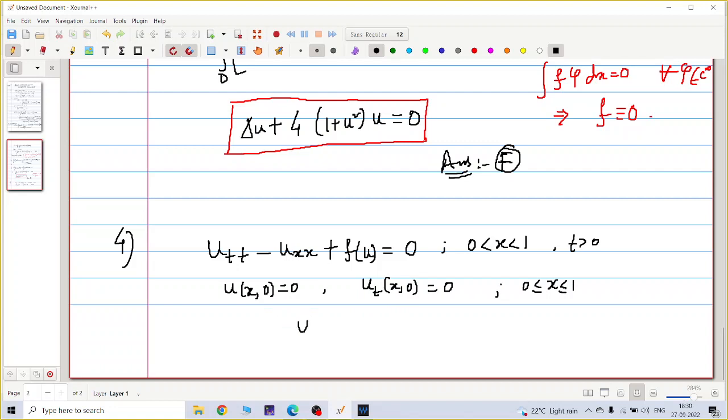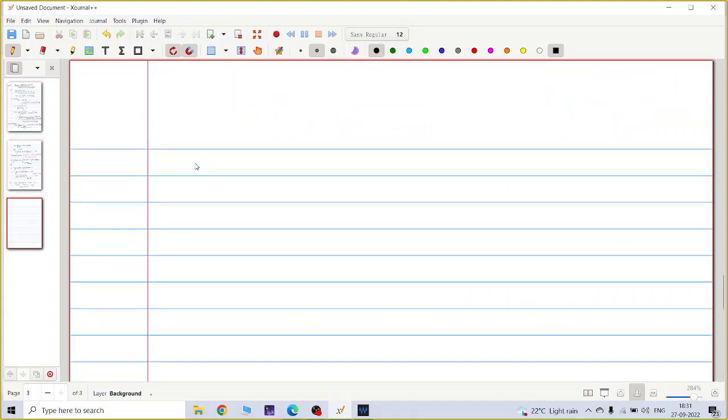And u(0,t) on the boundary is 0, and initially also u is 0, on both boundaries for every t positive. Now another function E is given, and I have to find which of the following choices of g makes it constant.